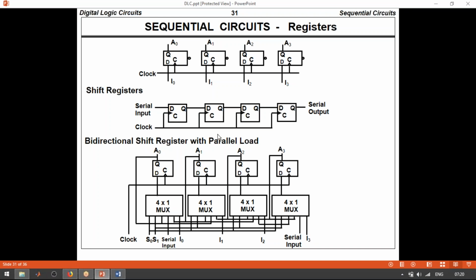Here is a shift right. If I give 1 0 0 0 as input, the first 0 will be shifted here for the first clock pulse, and on the next clock pulse this 0 will be shifted here, and the next 0 comes to this side.